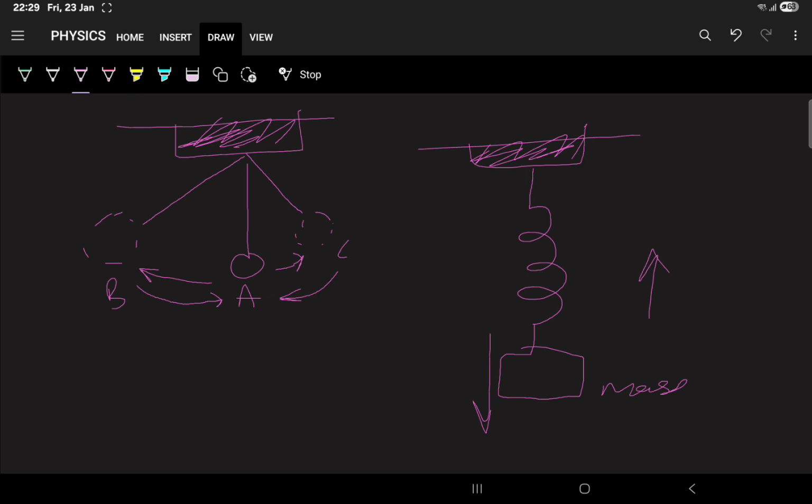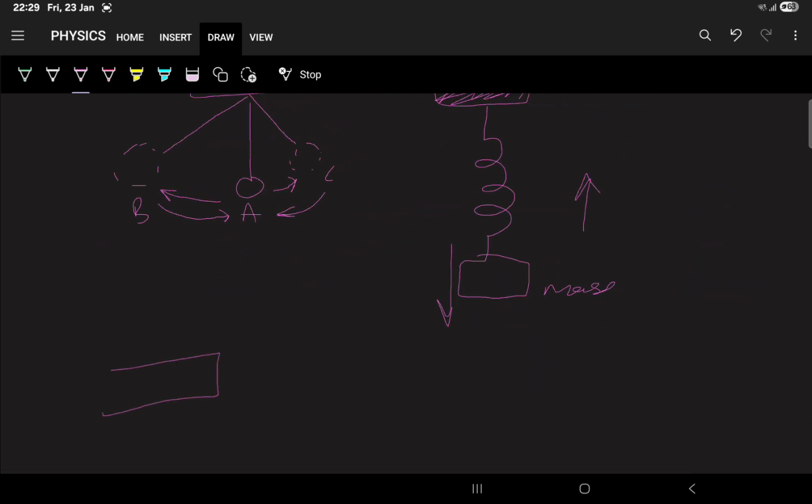Other examples include a tuning fork and the diving board of a diver. When the diver is about to jump, you see the diver jump on the diving board a couple of times, and even after the diver jumps off the board, you notice for some time the diving board will oscillate, and that's another example of oscillatory motion.